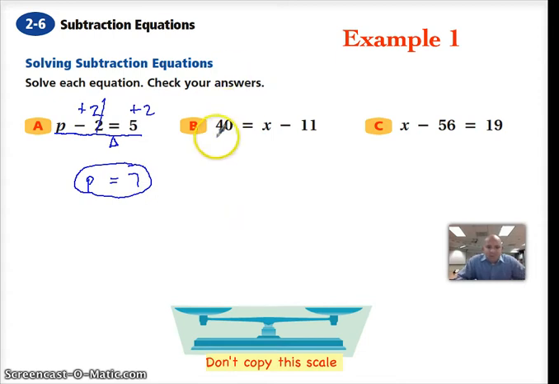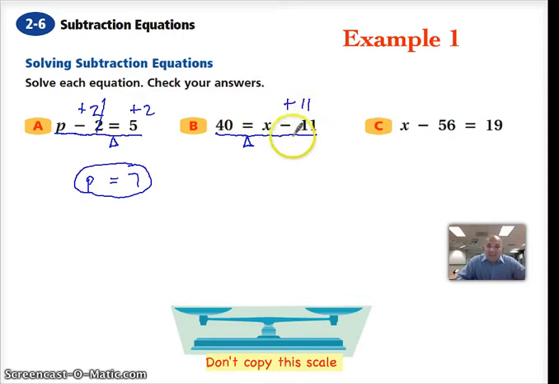Next problem, same thing. This time we find the variable on the other side, and that's okay. We're just going to draw that same scale, put the fulcrum underneath the equal sign, and we need to isolate the variable, get x all by itself. How do we get rid of this minus 11 then? Well, the inverse operation tells us we add 11.